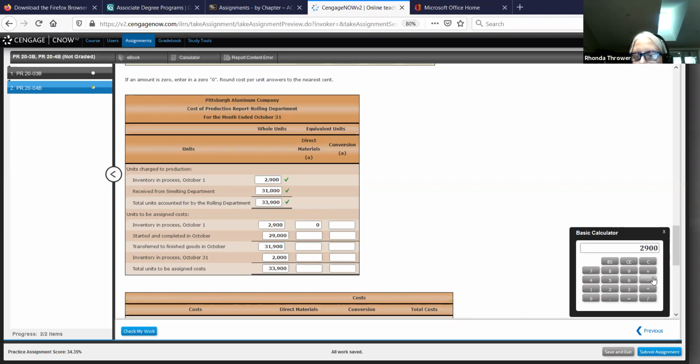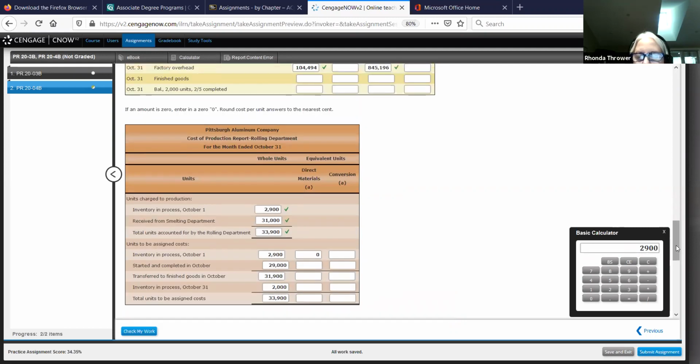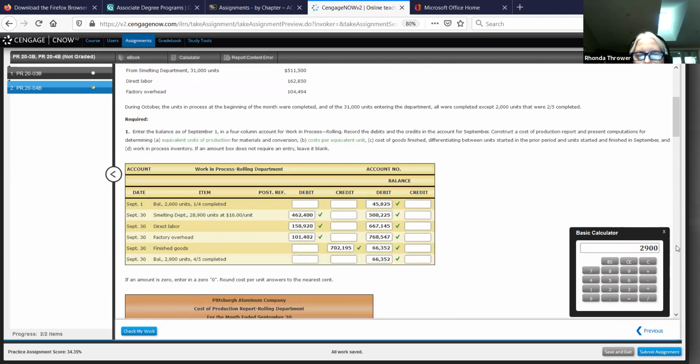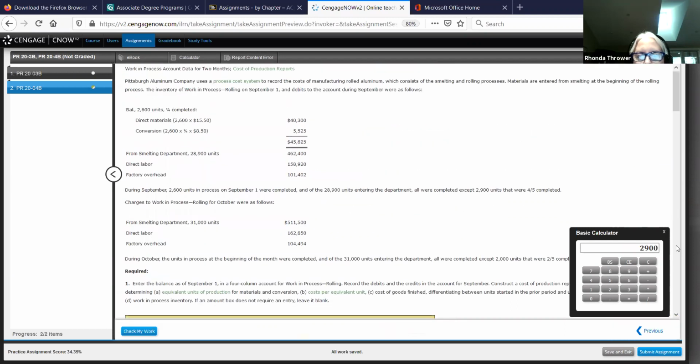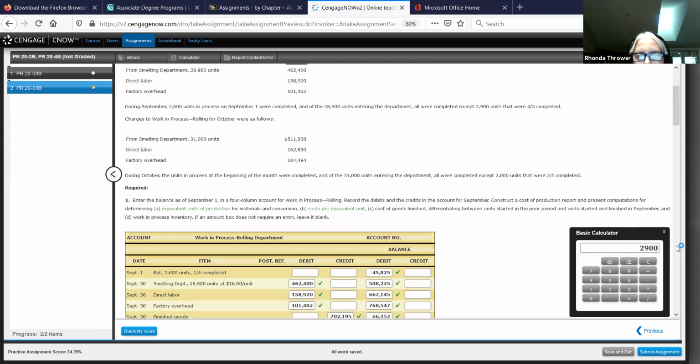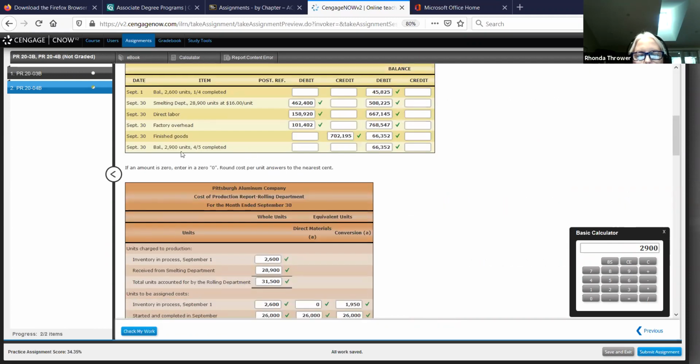For my conversion cost, I have to take that 2,900 units and I'm going to need to multiply it by the complement of what we had left in ending inventory. There's a couple places you can get that. The complement of this would be 1/5 of 2,900.